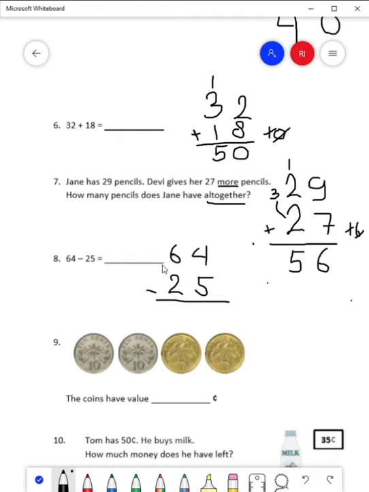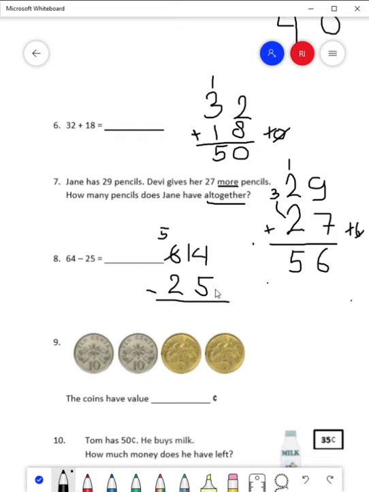Okay, we borrow 1 here, so it becomes 5, and this one is 1. So this is actually 5 now, and it is actually 14.